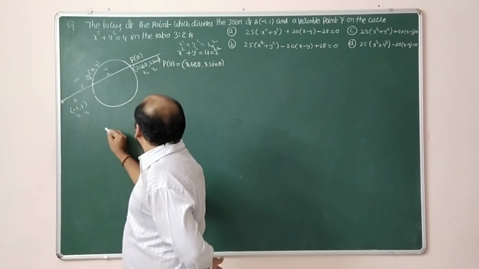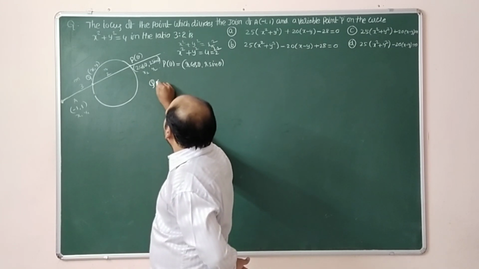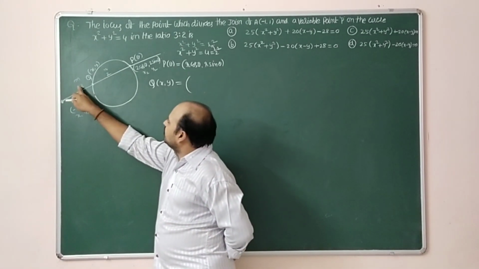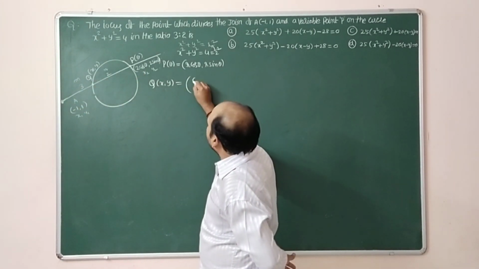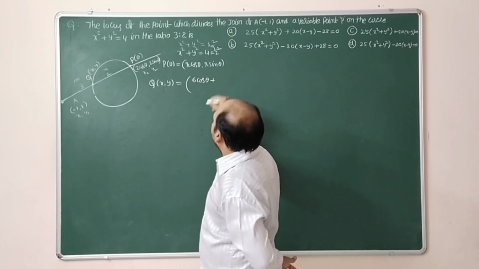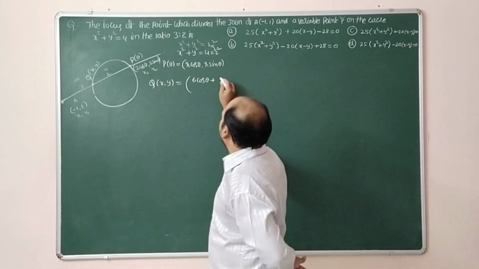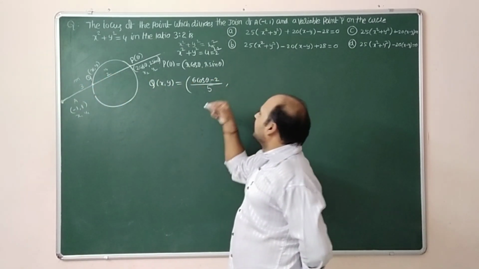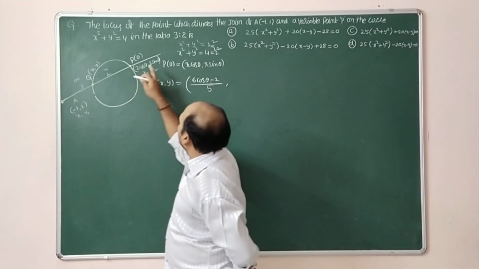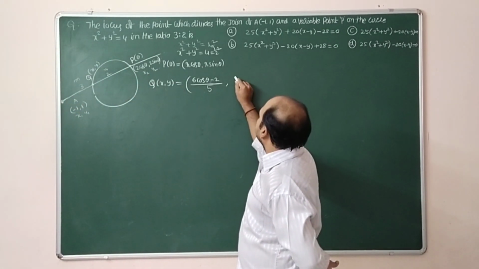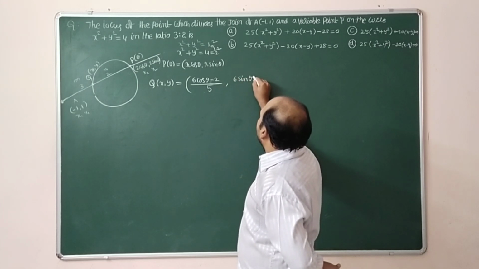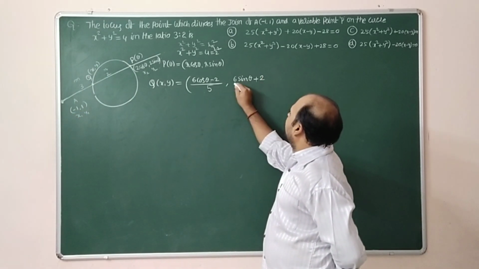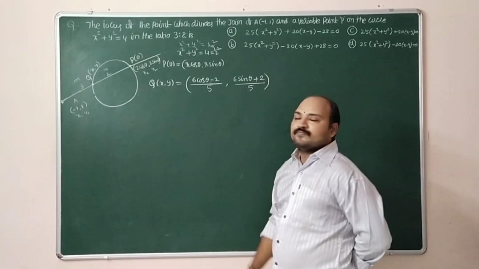So Q(x, y) equals: mx2 is 3 into 2 cos theta, so 6 cos theta, plus nx1, 2 into minus 1, minus 2, divided by m plus n, 3 plus 2, 5. For y: 3 into 2 sin theta, 6 sin theta, plus n into y1, that is 2 into 1, 2, divided by 5.